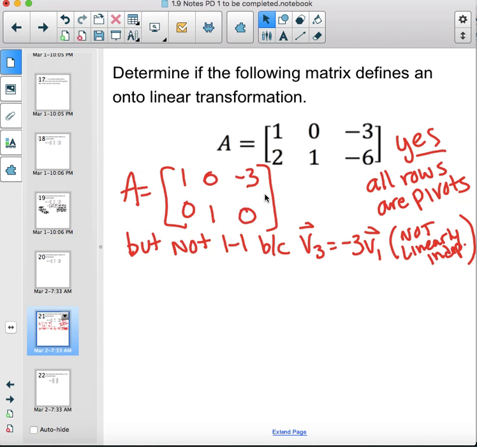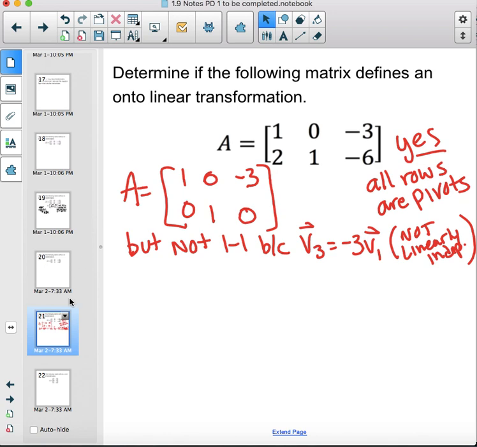That means it is onto. Would it be one-to-one though? That's another question. This is A. It is not an augmented matrix, it's A. Are all of the columns linearly independent? No. Column 3 is equal to negative 3 times column 1. So it would not be one-to-one.